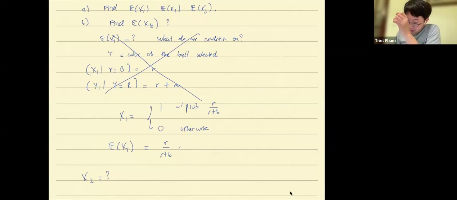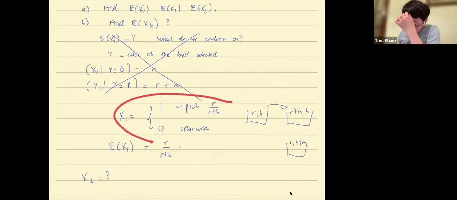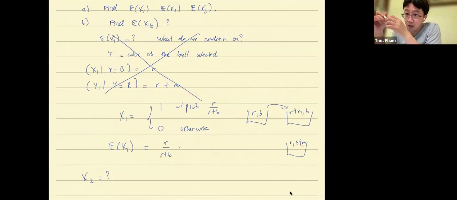The urn originally is R red and B blue, but after the first selection it could be either R plus M red and B blue, or R red and B plus M blue, which will influence the probability of you picking red on the second selection. That's where this problem is interesting, for X2.